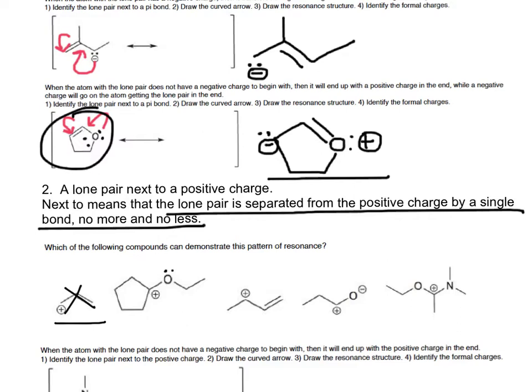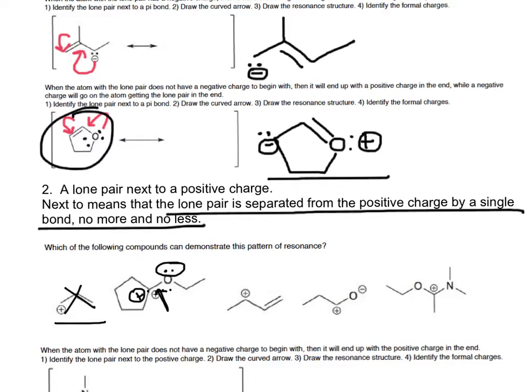The second structure does have the lone pairs next to the positive charge. So we have a lone pair, a single bond, and then the positive charge on that carbon.